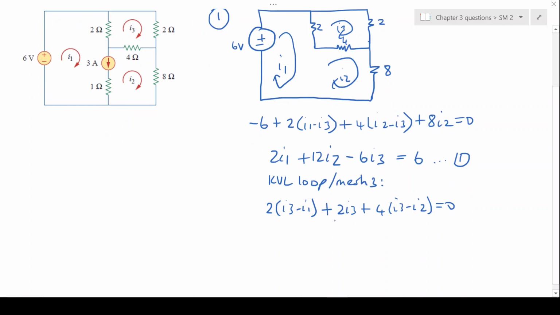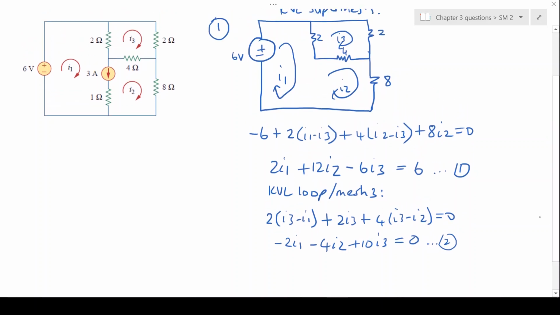And if we simplify this, we're going to find minus 2I1, minus 4I2. Then we've got 2I3 plus another 2I3 gives you 6I3, plus another 4I3, it's going to be plus 10I3 gives us 0, and that's our second equation.